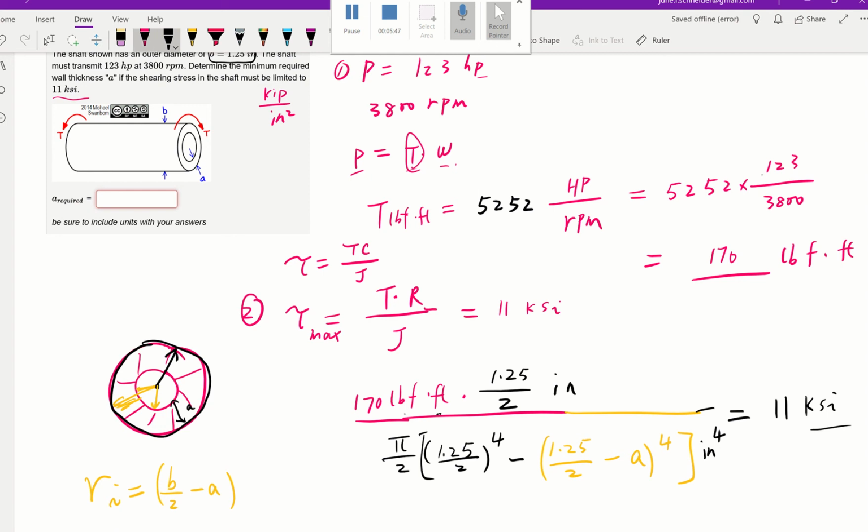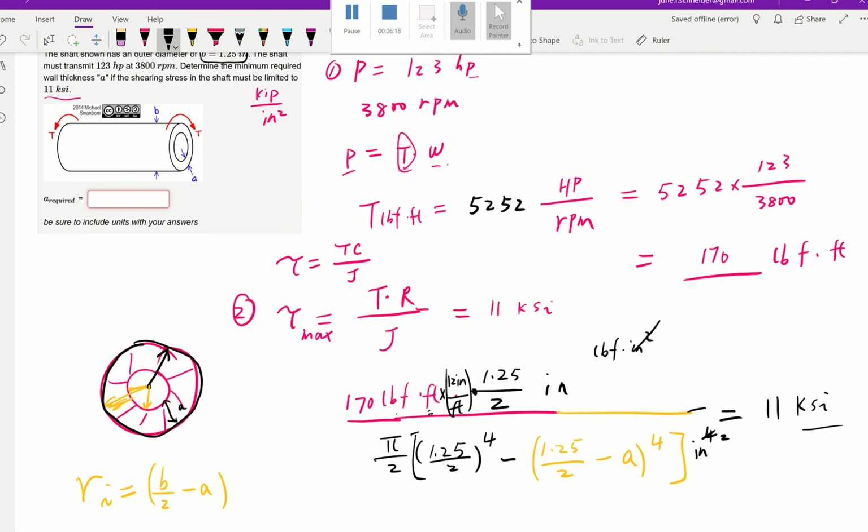First we need to convert foot to inch: 1 foot is 12 inch. On the top, foot cancels out, so we get pound inch squared over inch cubed; the inch cancels, and we get PSI.